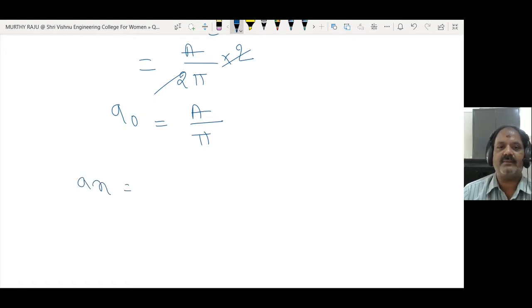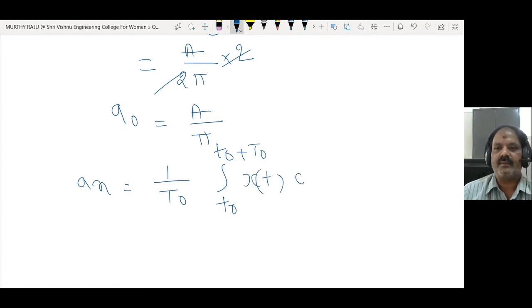The a n expression is 1 by T naught integral from small t naught to small t naught plus capital T naught of x of t cos n omega naught t dt.